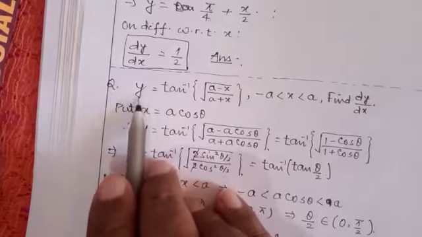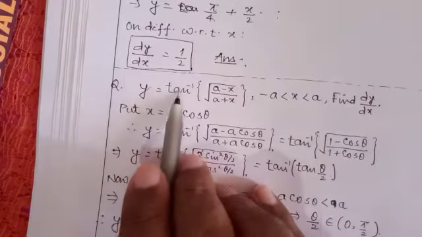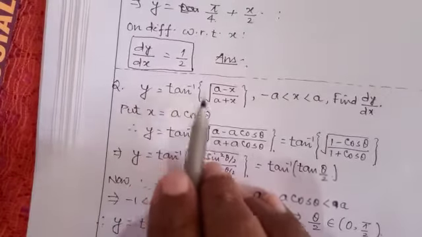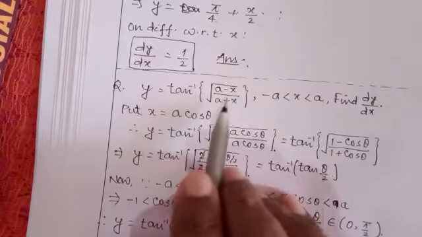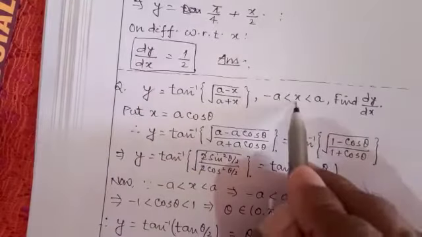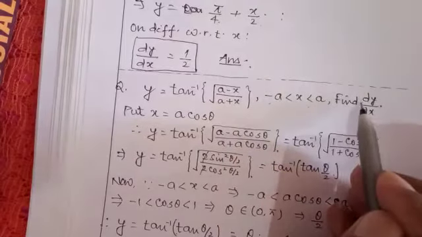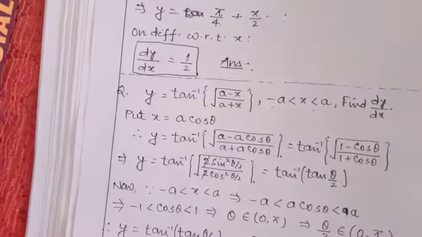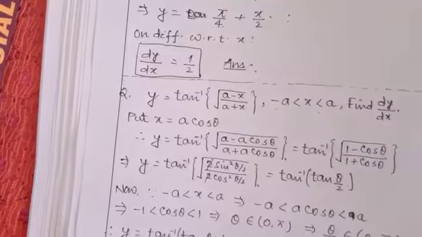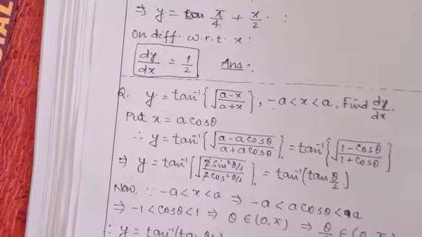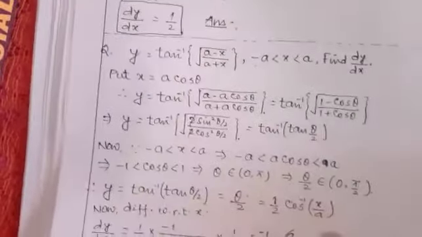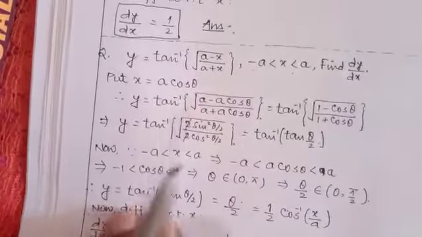Differentiate: if y is equal to tan inverse of under root a minus x upon a plus x, where x lies between minus a and plus a, find dy by dx. So first apply the suitable substitution according to formula.